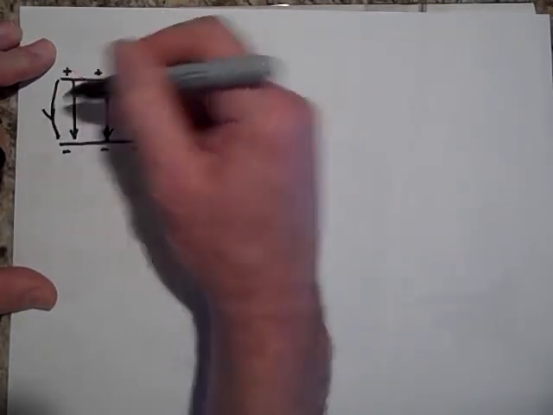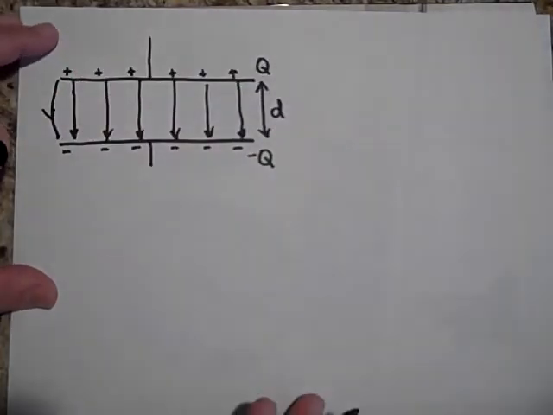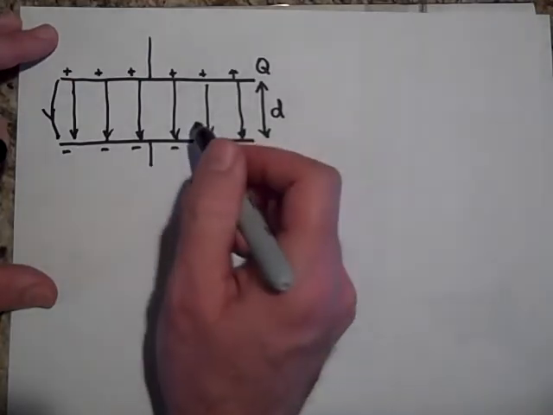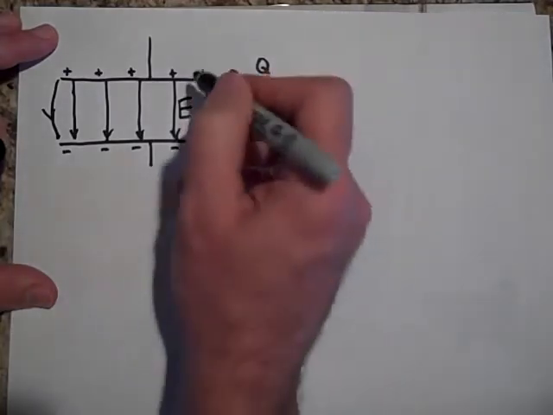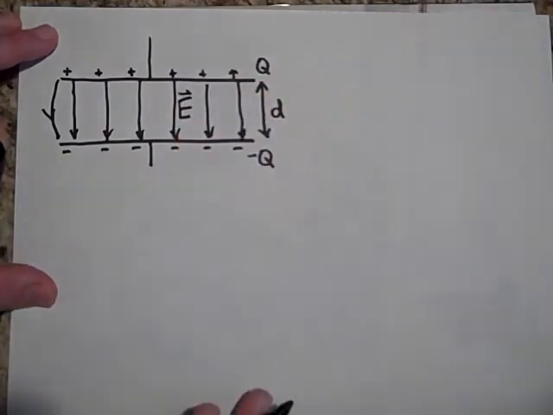It fringes a little bit at the edges. Okay, so that electric field we're going to call E. Put a vector sign over it, I suppose.